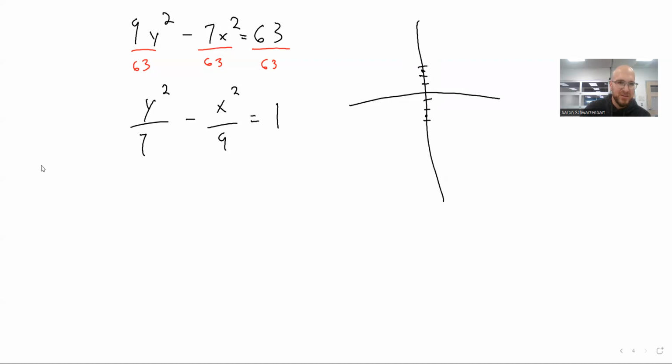I'm going to go 3 left and right and make my box. And then I'm going to draw my asymptotes on here. And finally, I will plot my hyperbola.